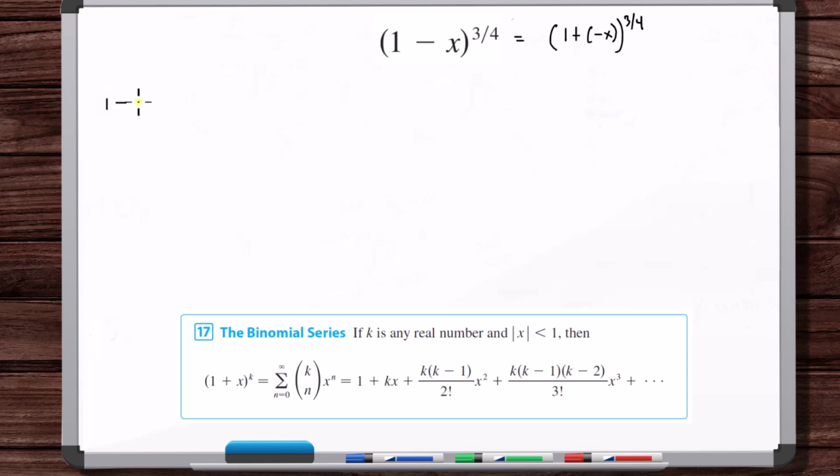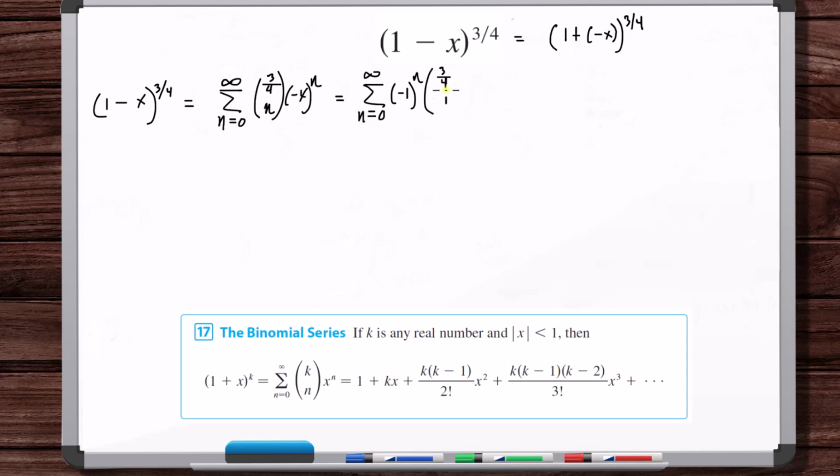So we've got, okay, so this is 1 plus 3, well, no, they get the alternating term, so we start with positive 1, so this could be 1 minus 3/4 x, then plus 3/4 times 3/4 minus 1. 3/4 minus 4 over 4 is minus 1 over 4.